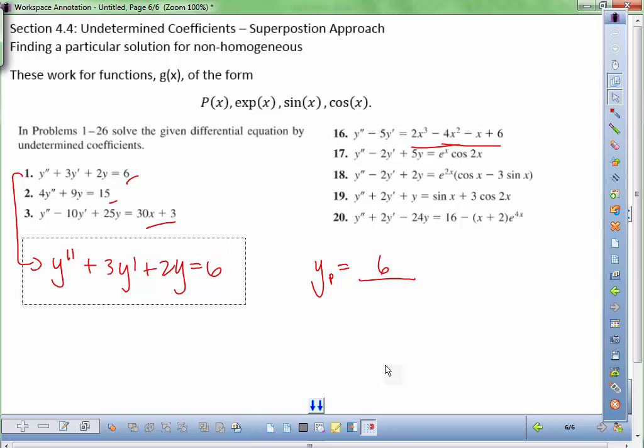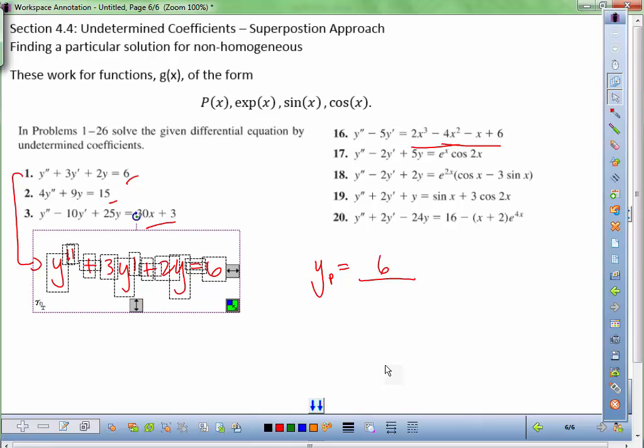Makes sense, right? It does make sense because I said your particular solution is related to the right-hand side, so it makes sense to guess 6. Now, it's wrong, but it's a good guess. That's the way to start off. And that's how you guys do it in engineering, right? You just guess.